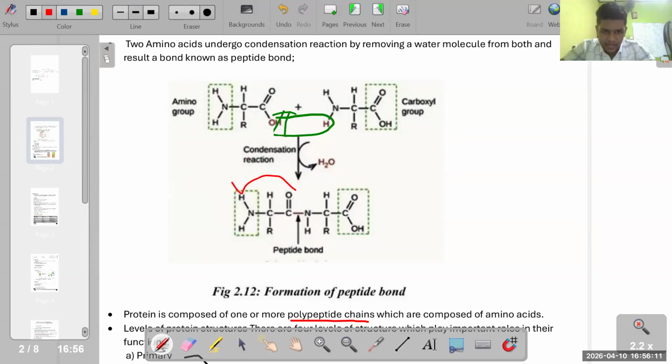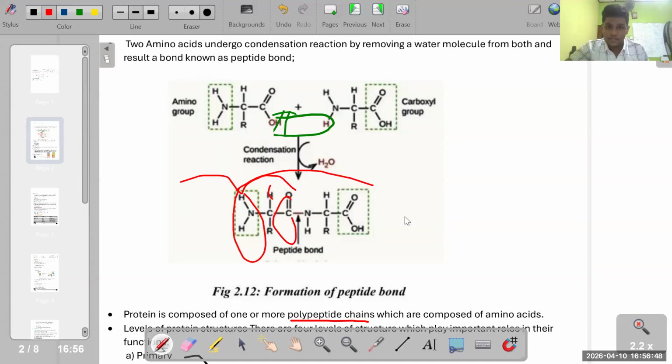It can react with the other oxygen on this side. It's fine, because all have the same backbone. Same backbone means the backbone does not change. This amino group is common for all. This H group is common for all. This CO double bond group is common for all. Is it clear? So I'm again repeating, don't think that the bond is formed within its own amino acid.